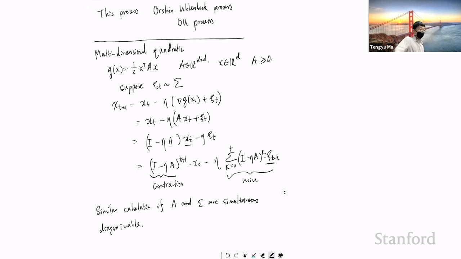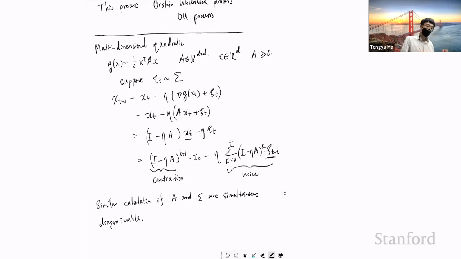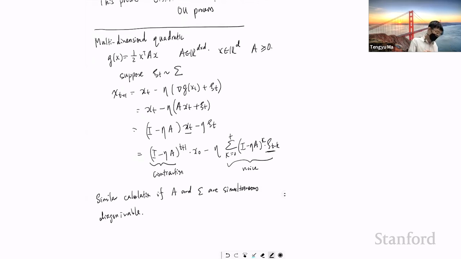If they are not simultaneously diagonalizable, you can still do something to compute and simplify this sum, but it's going to be even more complicated. So let's only think about the case when A and Σ are simultaneously diagonalizable.